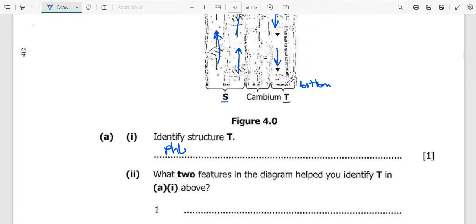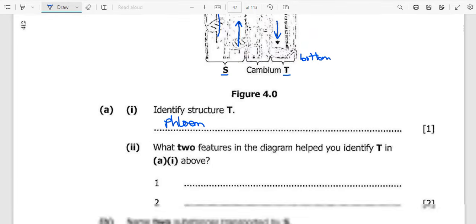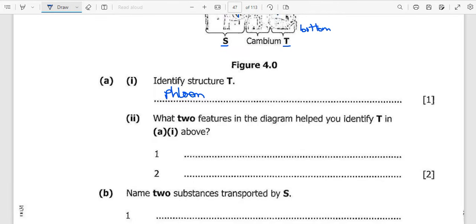Phloem, sorry, so phloem. And then what two features in the diagram help you to identify T in A1 above? We have to understand what made us identify that this is the phloem.